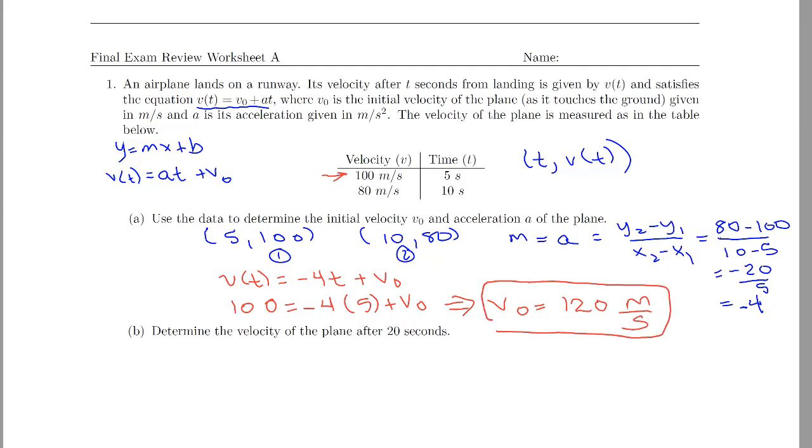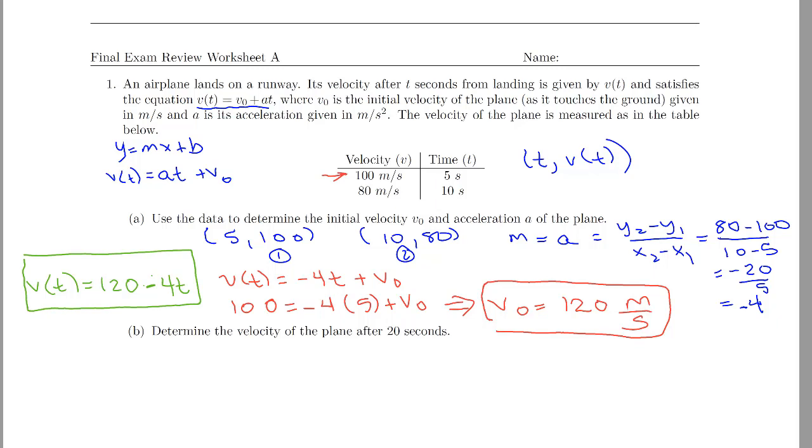Now that I found my initial velocity, I know the equation of my velocity. I have v of t is equal to, and if I put it in the form it's in, it would be 120 minus 4t. I found my equation for my velocity.